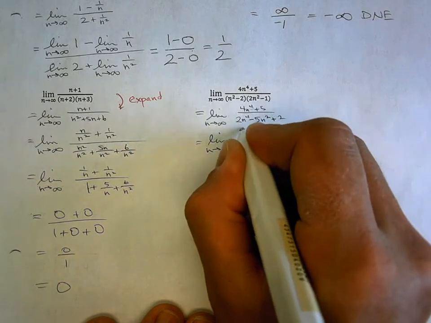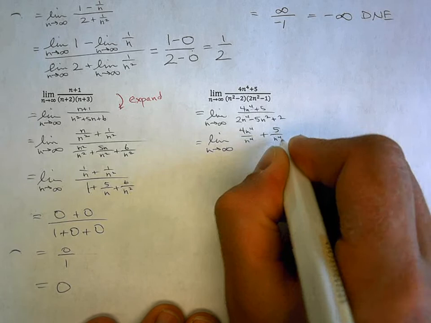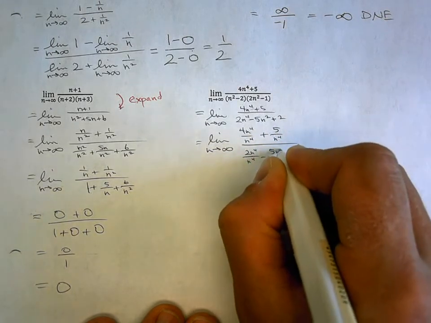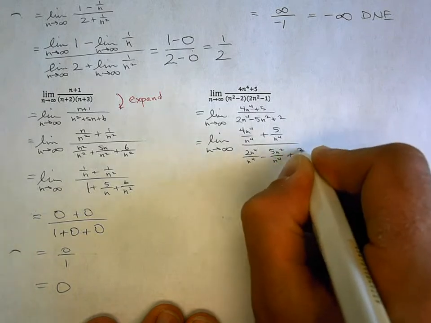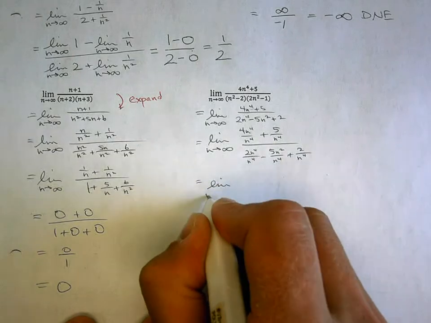So I have 4n to the 4 over n to the 4 plus 5 over n to the 4, all over 2n to the 4 over n to the 4 minus 5n squared over n to the 4 plus 2 over n to the 4. Whew, okay, now I'm going to rewrite a simplified version.